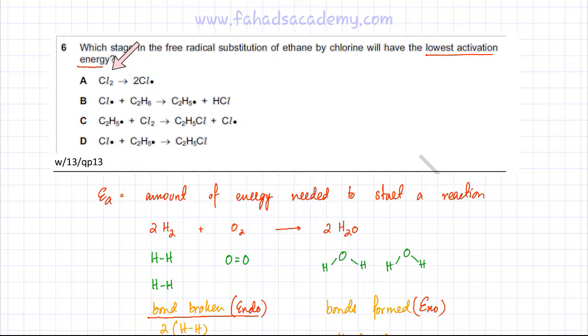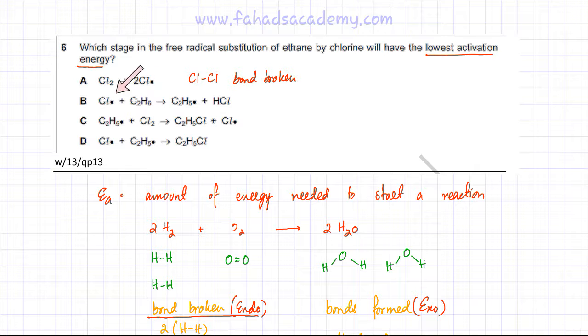In this first reaction, a Cl2 molecule is converted into two Cl atoms, which means you are breaking a Cl-Cl bond. Breaking the Cl-Cl bond requires energy, so this reaction would have some activation energy.